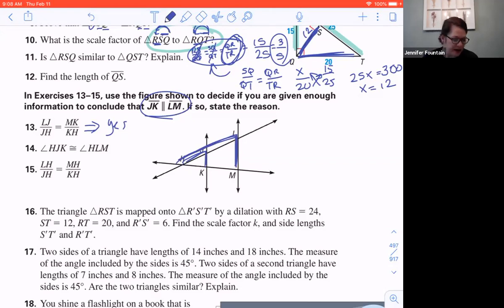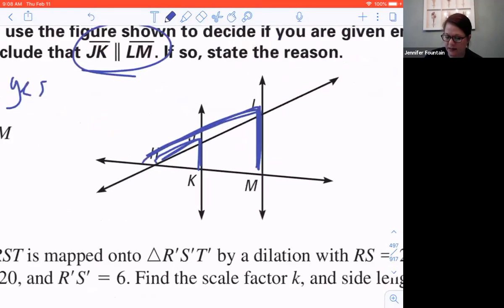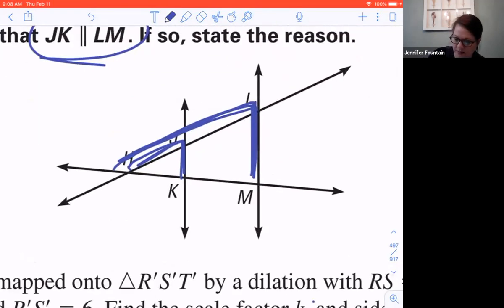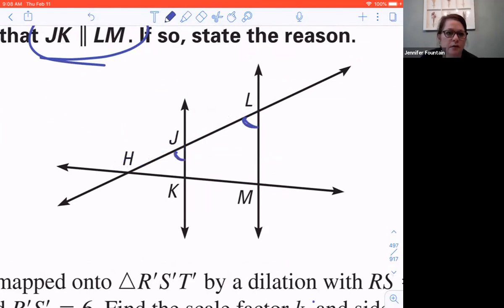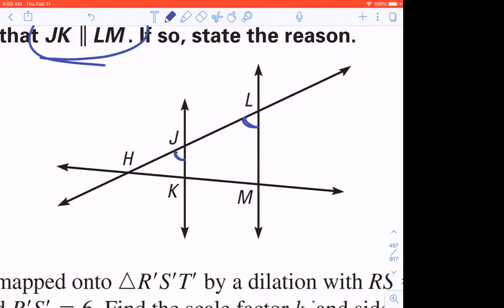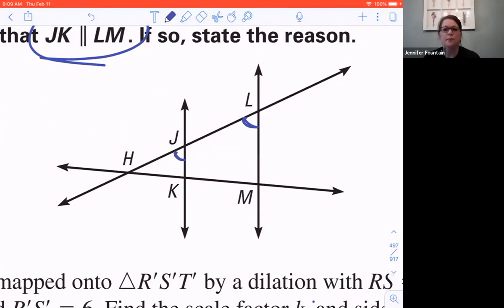So what I want you to think about here is, if I'm looking at this angle here and this angle here, if I was looking at these with a transversal and everything, what do I know about the locations of those angles?